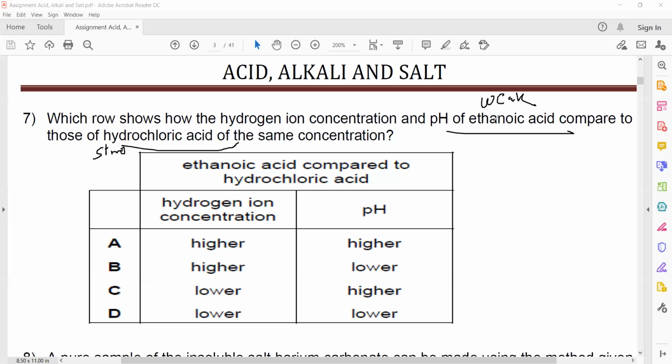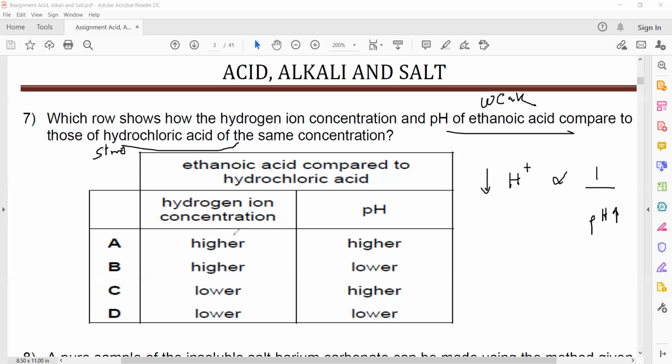Weak acids have few hydrogen ions, so it will have less hydrogen ions. And if hydrogen ion is less, what about the pH? The pH will be more, because pH and hydrogen ion are inversely proportional.